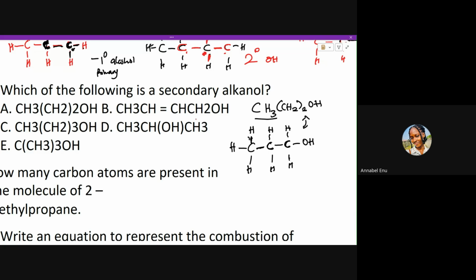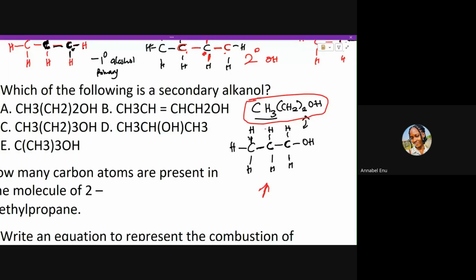Let me explain again. Do you understand how we went from this structure to how I drew the full structure? Efosa says she understands. Then we said that primary alcohols have only one carbon attached to the carbon carrying the OH functional group.